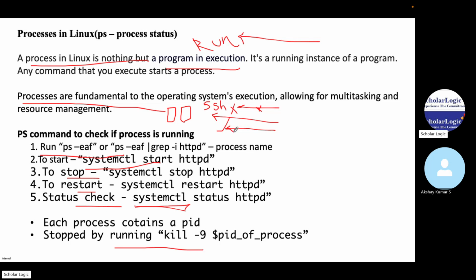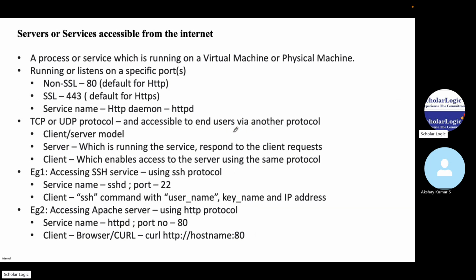So processes are the fundamental thing in the operating system that allow people to access your resources and your machines. There are different protocols and port numbers.